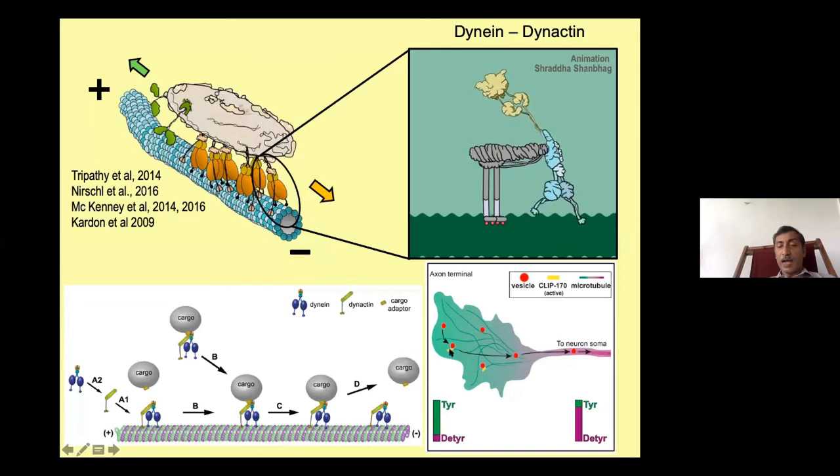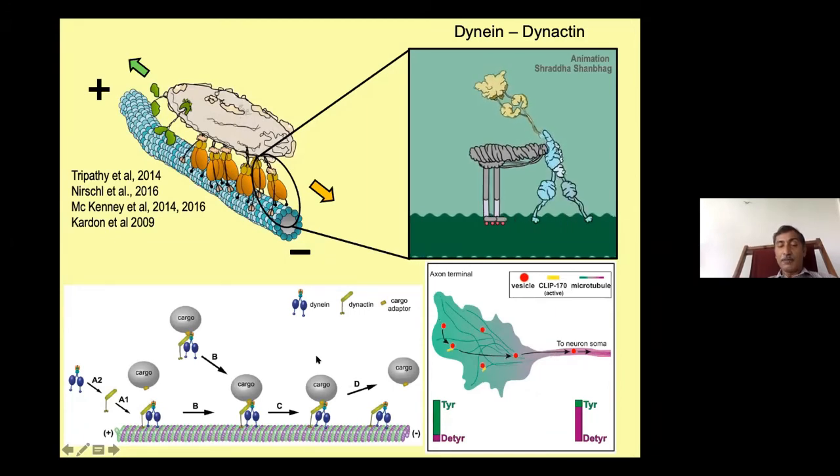What people believe is that this dynein-dynactin complex assembles on a cargo by various means. So this is dynactin here, and this is dynein in blue here. And this cargo, once it is assembled, has an affinity for the tyrosinated, green microtubules. So this cargo with the dynactin comes and quickly sits at this end. And it doesn't sit here because it doesn't like this detyrosinated one. And you want this cargo to sit here at the periphery, because then you can go inside.